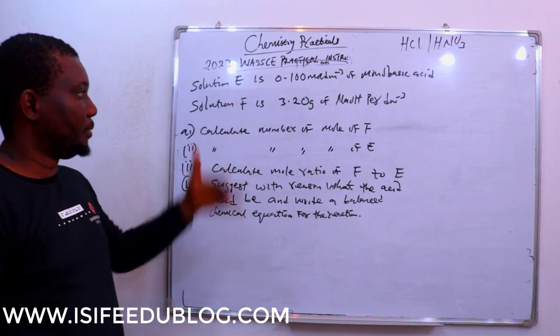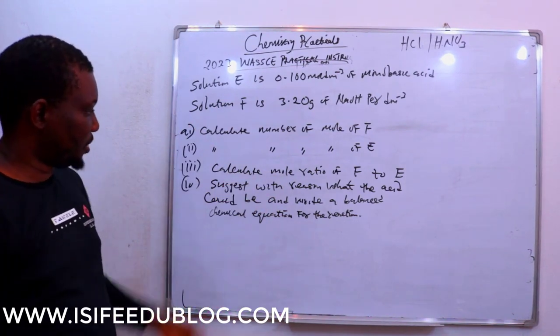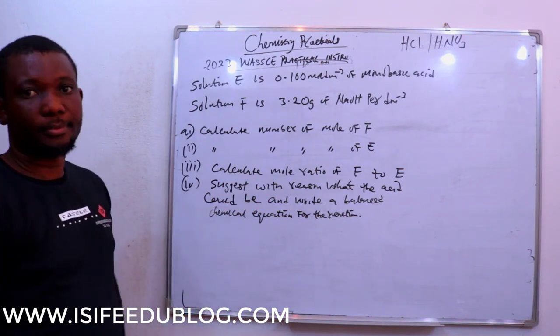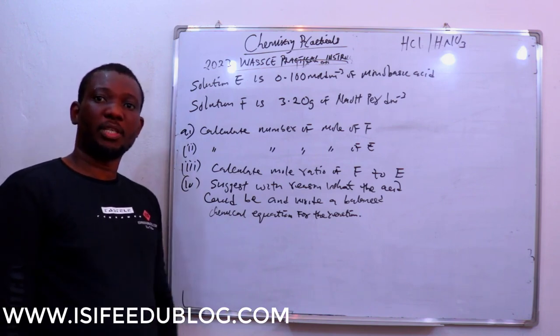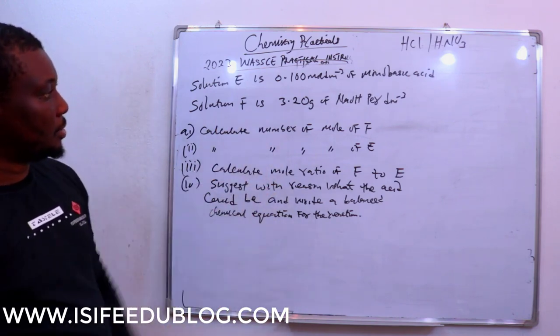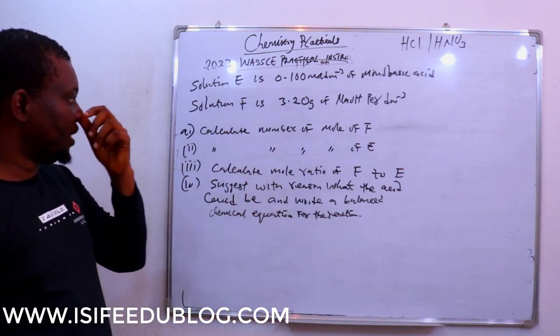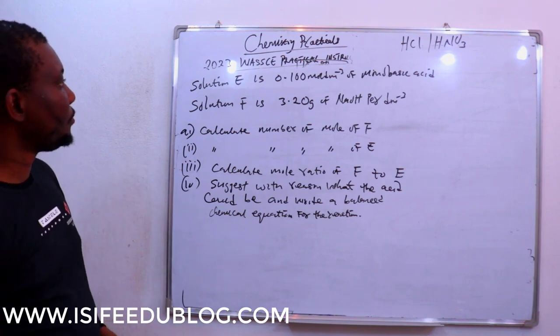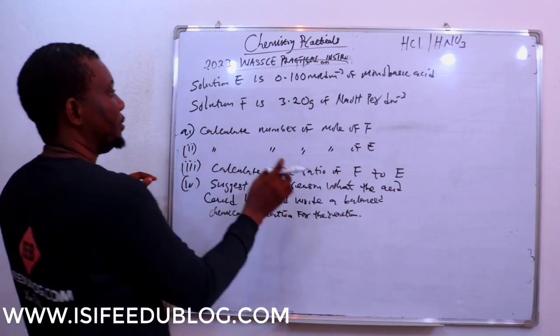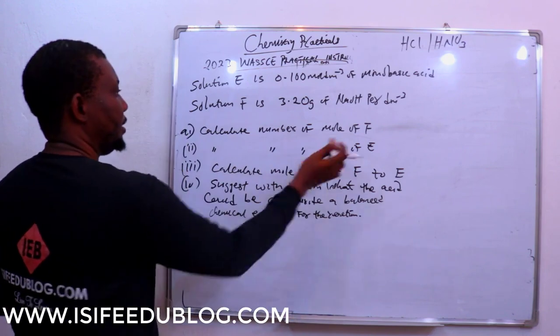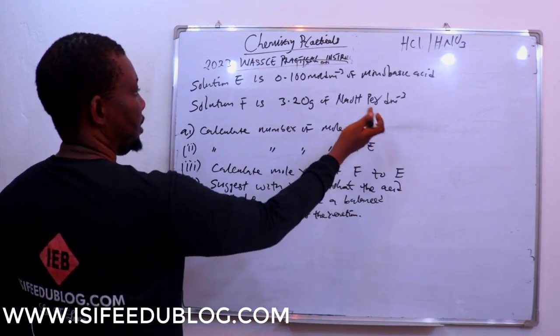Okay, suppose we have the question go this way, just like for alternative A, this is exactly what they wanted them to do. What I'll do to find E, let's start with E first.